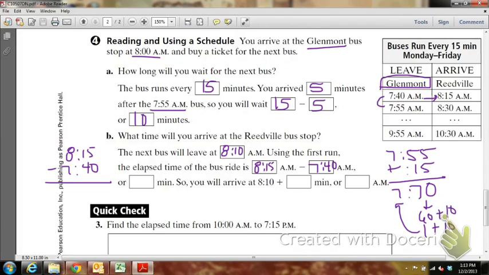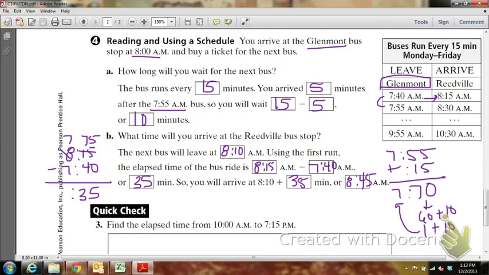If you want to borrow, 8 becomes a 7. There's 60 minutes in an hour, so I add 60 to 15 and I get 75. 75 minus 40 is 35. So you will arrive at 8:10 plus 35 minutes, or that makes 8:45 a.m.